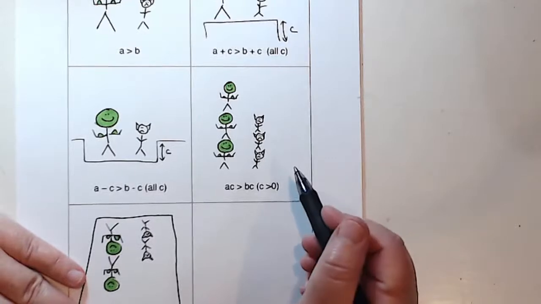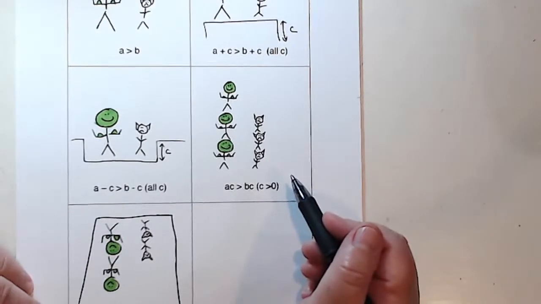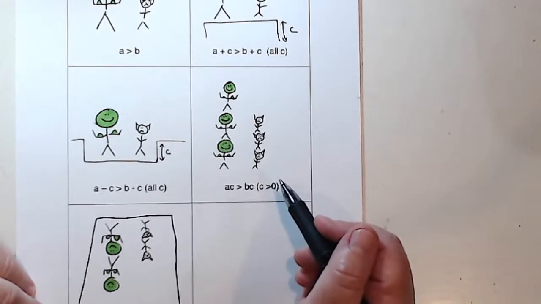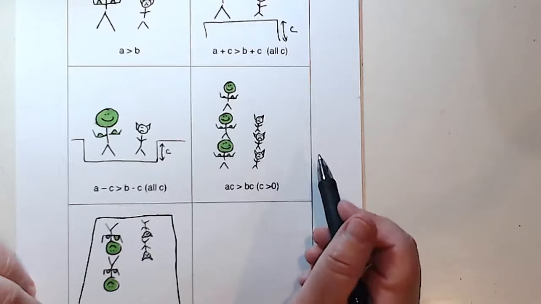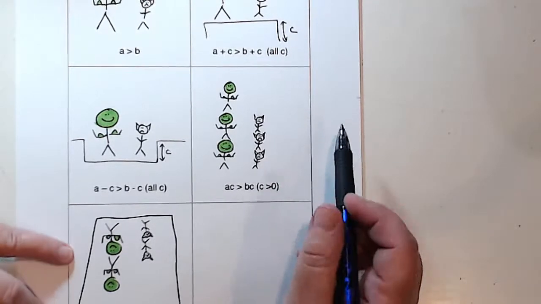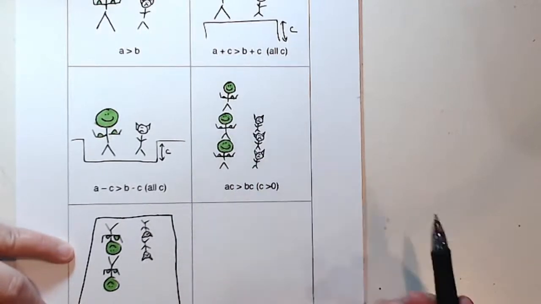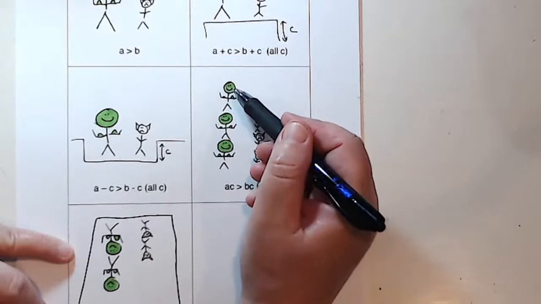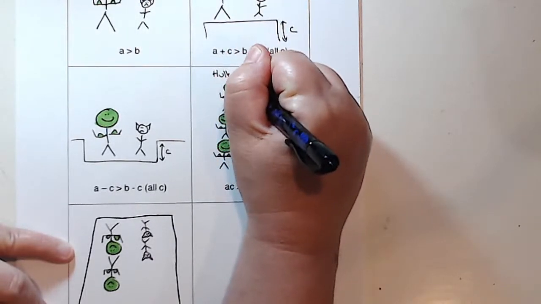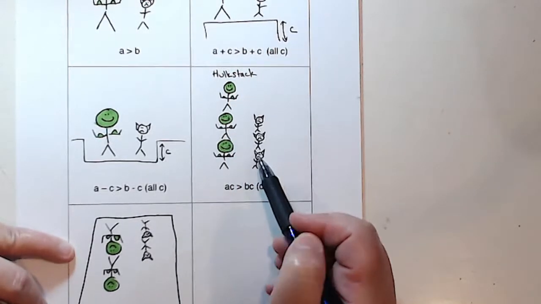So if I have 3 Hulks and I have 3 Lokis, the Hulk stack is larger than the Loki stack.